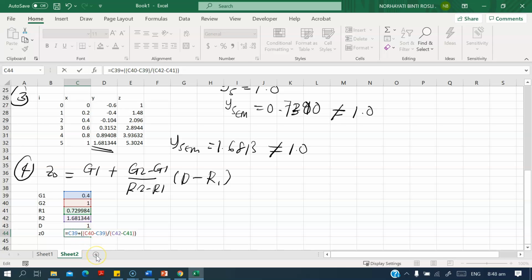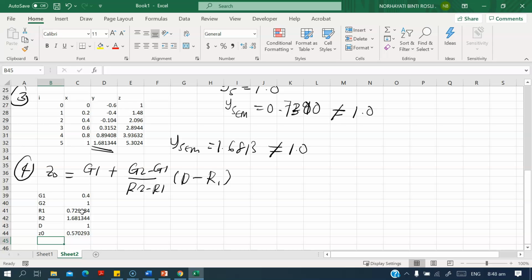I put one more bracket here because I want to multiply all this with the desired value, which is 1, minus R1. So minus R1, and then I close all here. I got my answer for extrapolation of Z0.